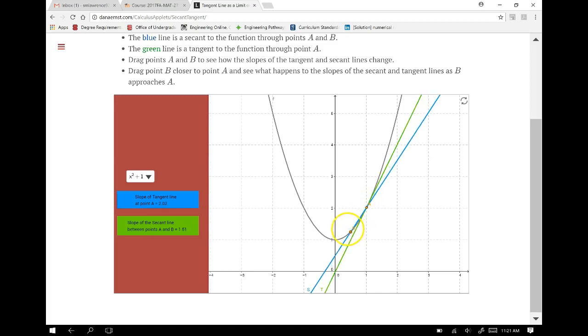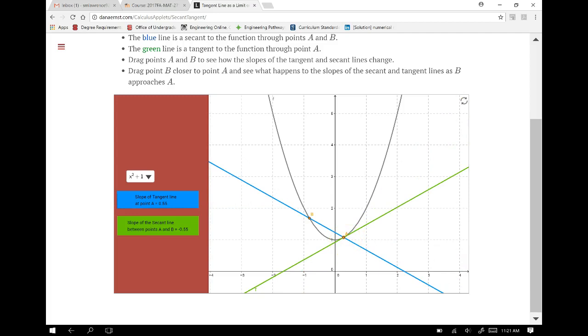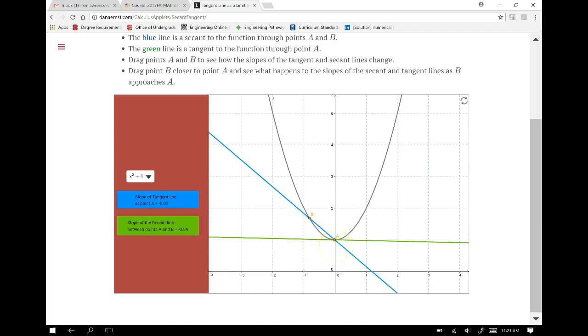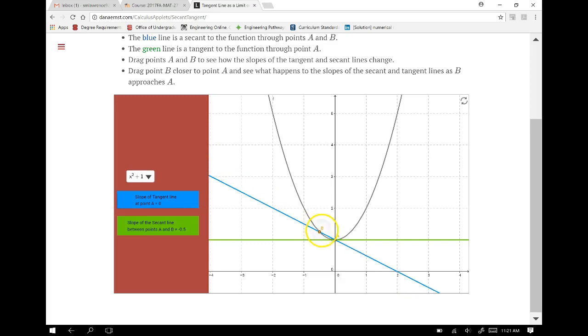And we can move the A point, we can do this at any point. So if I want to know what the tangent slope is at 0, I can approach from the left and get closer and closer to my goal point until my secant line matches my tangent line. Or I can approach from the right until my secant line gets closer and closer to my tangent line.